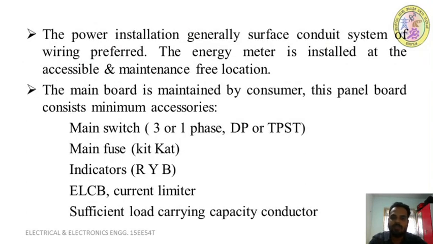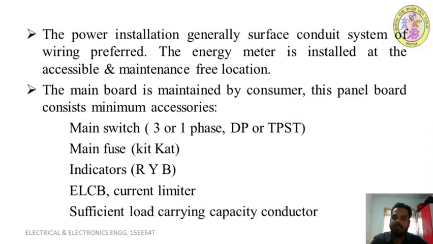For power installation, generally a surface conduit system is preferred. The energy meter is placed at an accessible and maintenance-free location. We have placed the energy meter near the entrance so that it is accessible.